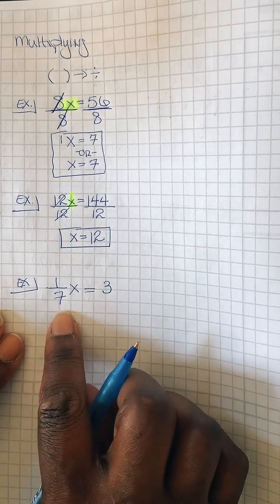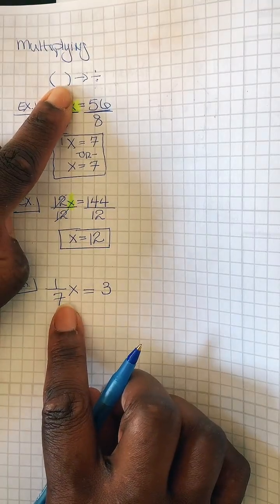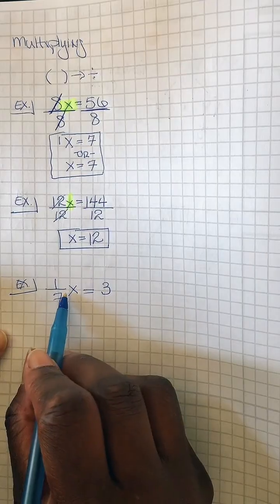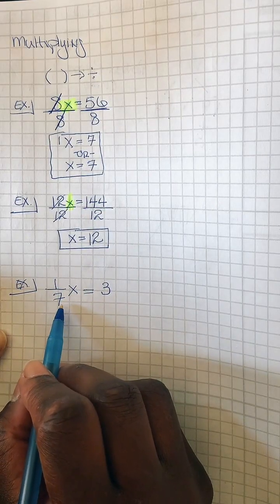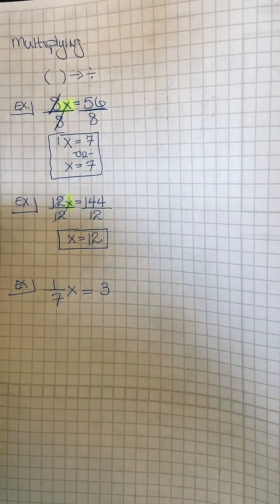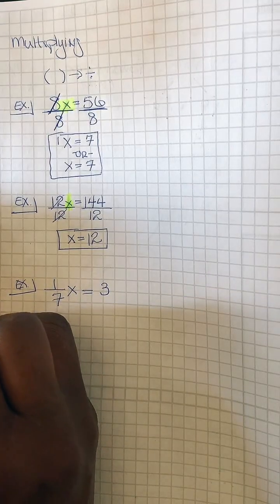So we know that when you multiply, the inverse is going to be division. But when you try to divide a fraction, it looks funky. Off to the side, it will look something like this: 3 divided by 1/7.